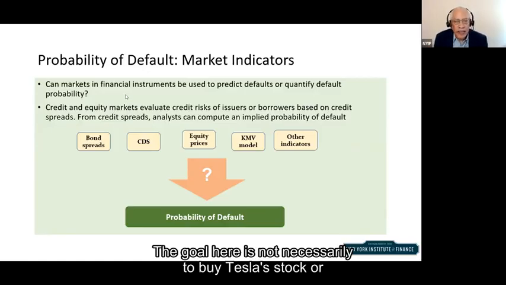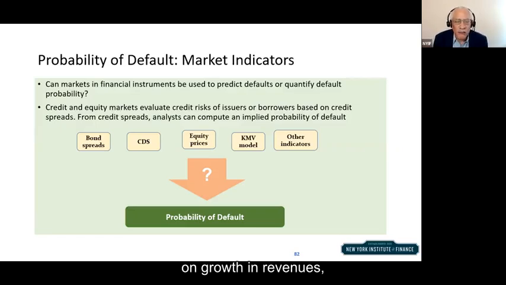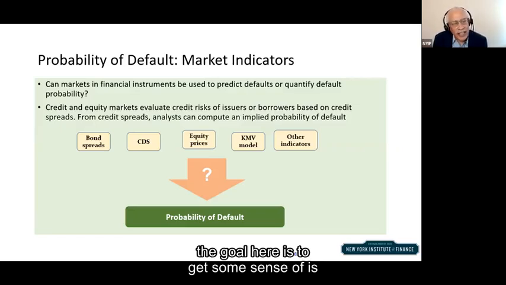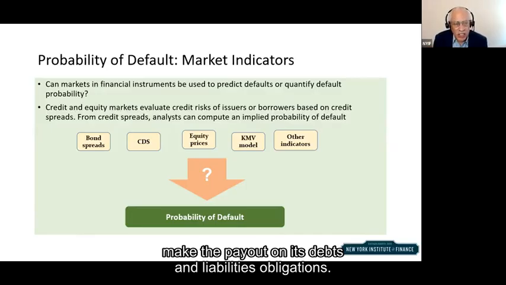So the goal here is not necessarily to buy Tesla stock or Merck pharmaceutical stock in anticipation of increasing the value of the stock based on growth in revenues. The goal here is to get some sense of, is the market trying to tell us something about the company that could increase the probability that it can't make the payout on its debt and liability obligations?